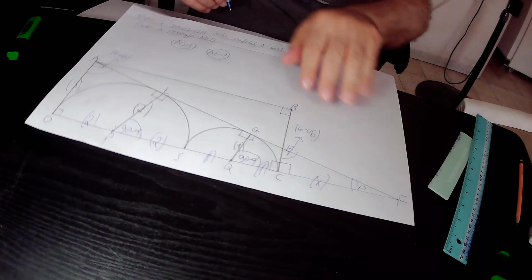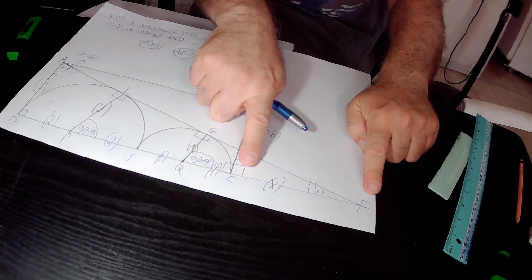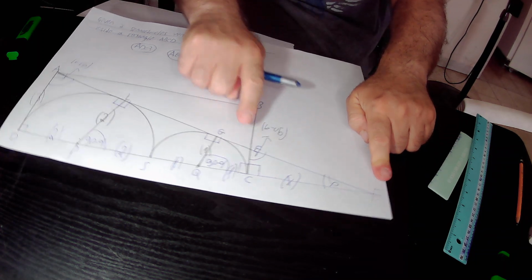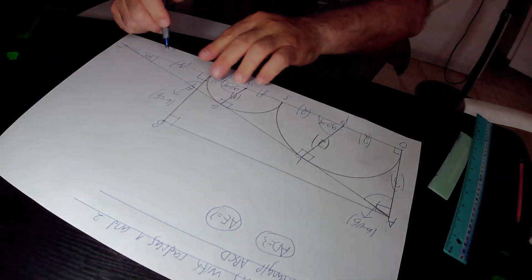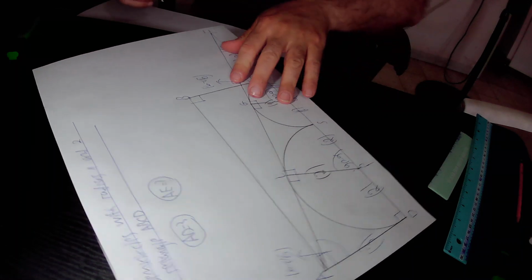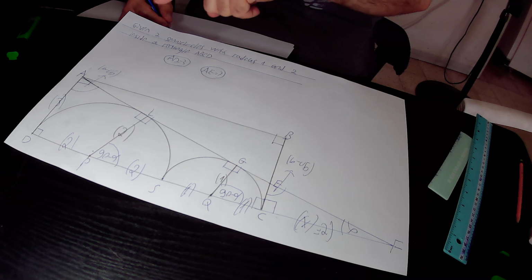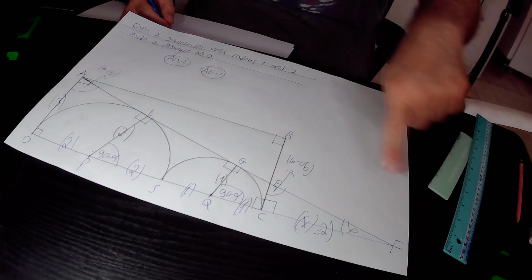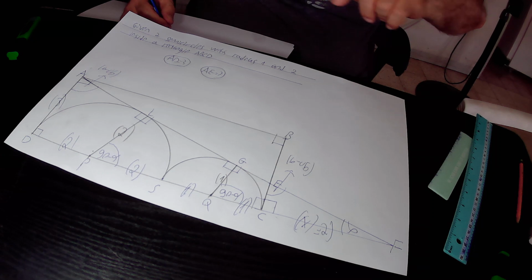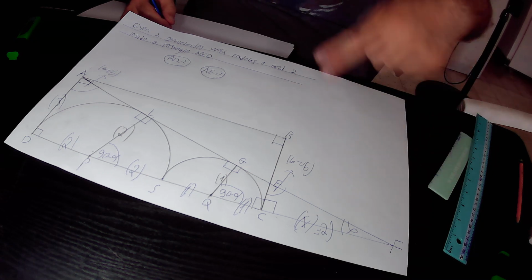According to our definition, CF equals x, and x equals 2 units in length. In the next step, we will prove that the biggest triangle in this domain, that is triangle ADF, is similar to the smallest right triangle in this domain, that is triangle ECF.